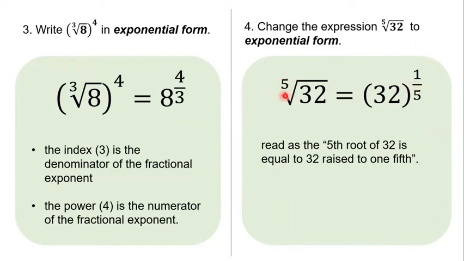Meron tayong index na 5. So, ito ang ating magiging denominator of the exponent. Kaya naman, this is read as the fifth root of 32 is equal to 32 raised to the 1/5. At ayan, ganun natin i-rewrite ang isang exponential expression with rational exponent para maging radical expression.